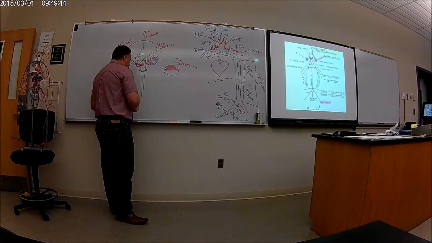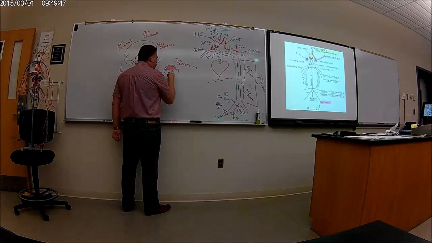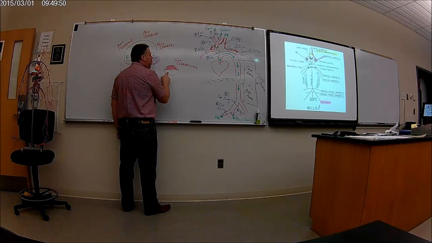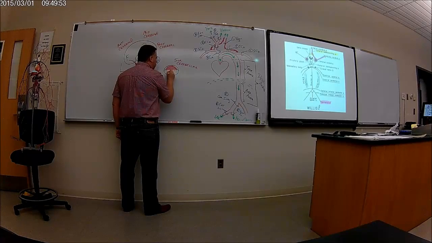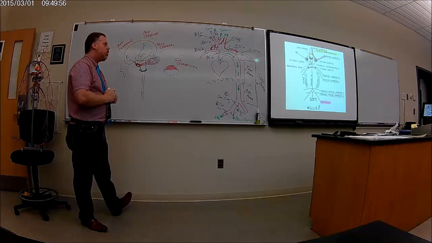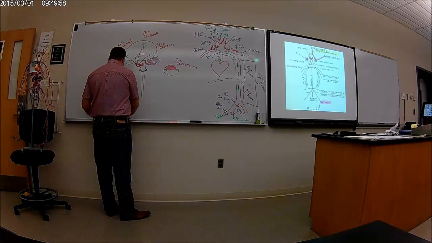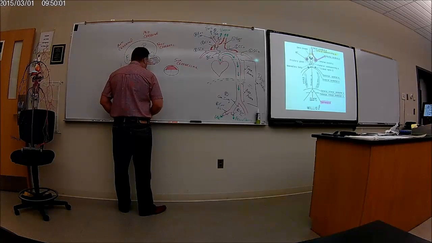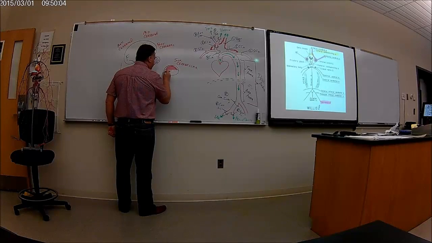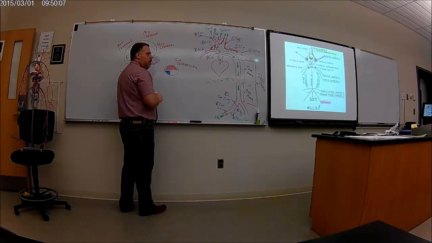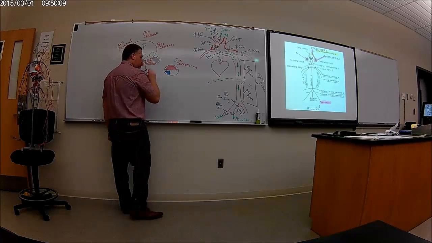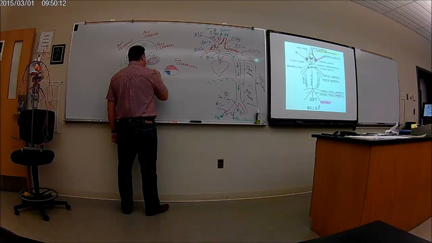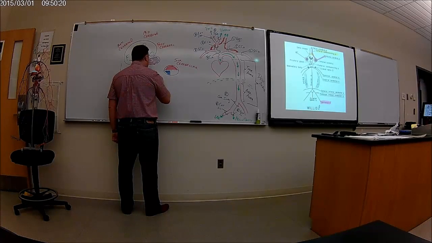Now this is where he got a little funky. He decided to make the inferior cerebellum split into two. You have this portion here, all right? That's called, and just listen to it, the anterior inferior cerebellar artery.